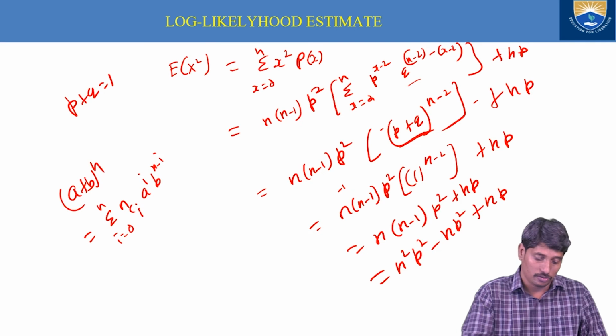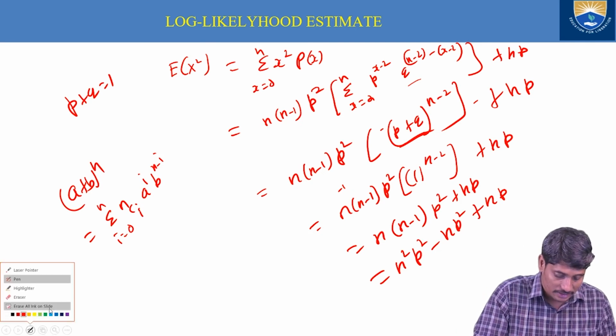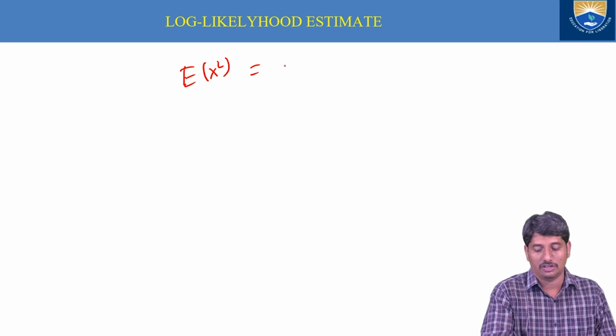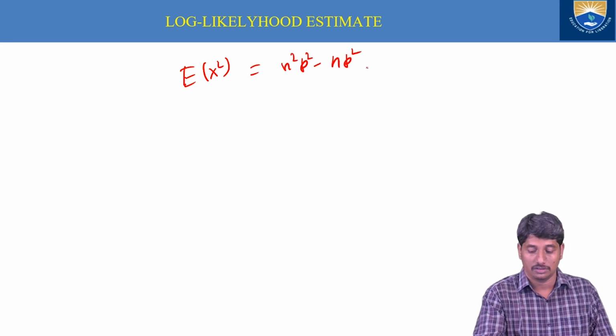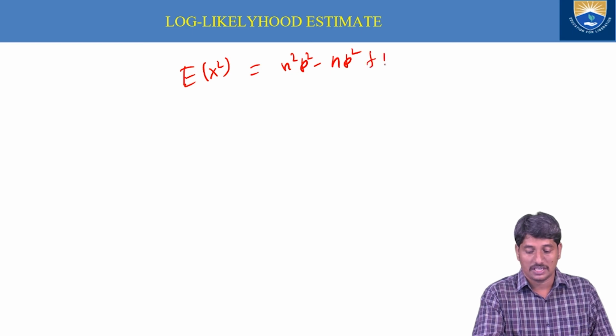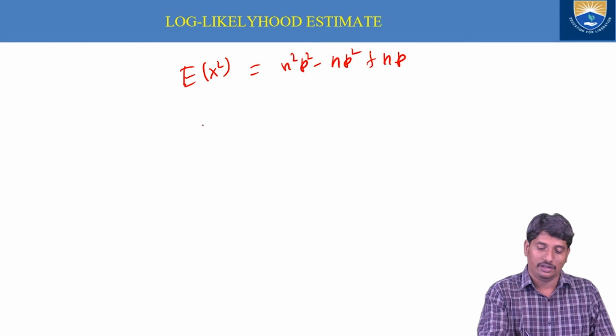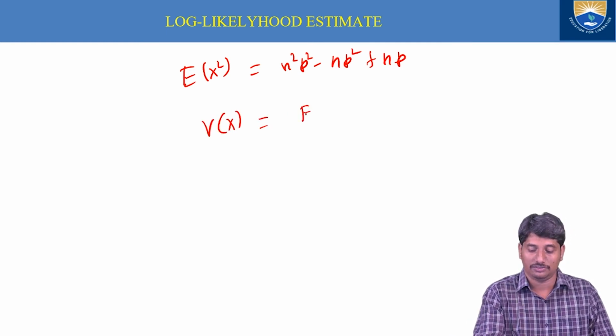Okay, now let us summarize this. E of x square, we got n square p square minus np square plus np. Now our intention is to calculate variance, that is V of x. Variance is E of x square minus (E of x) whole square.